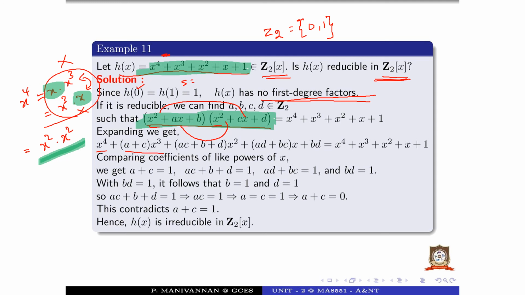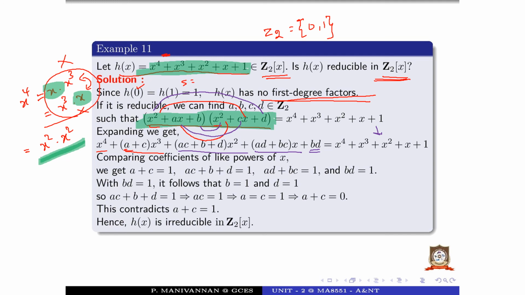For x squared, we get x squared into constant, ax into cx, constant into x squared, so this value. For x, we get ax into constant, constant into cx, so AD plus BC, into x. For the constant, constant into constant, so plus BD. It is equal to this result.